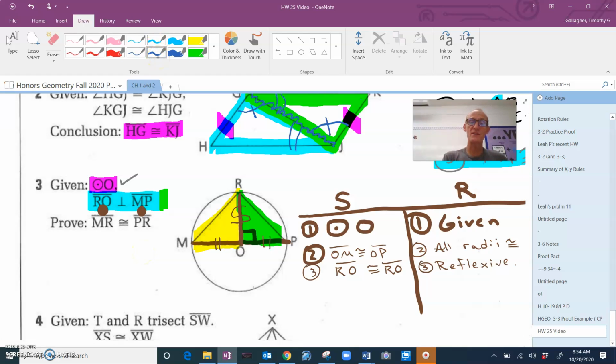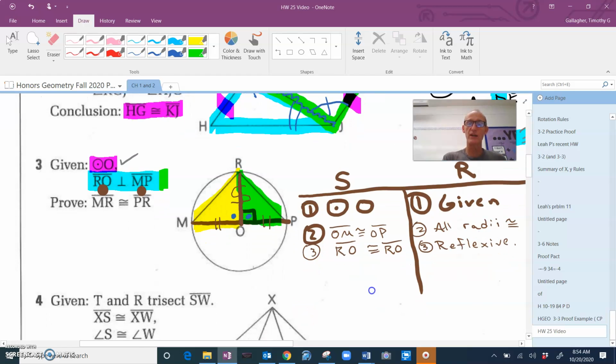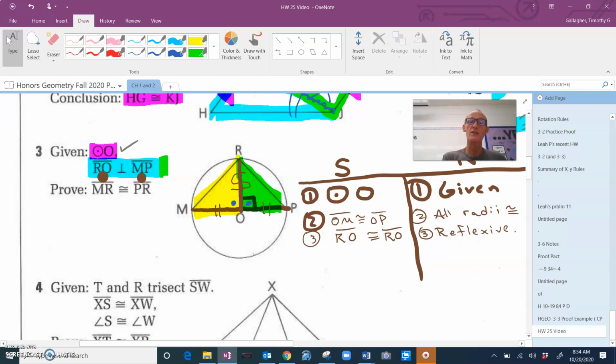Well, what we can say about this angle and this angle is that they are congruent right angles. Now, before we say they are congruent right angles, we have to say that they are perpendicular. So we have to say that the two segments are perpendicular, and the perpendicular segments create these right angles.